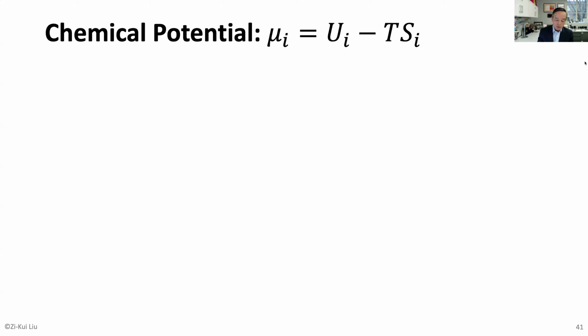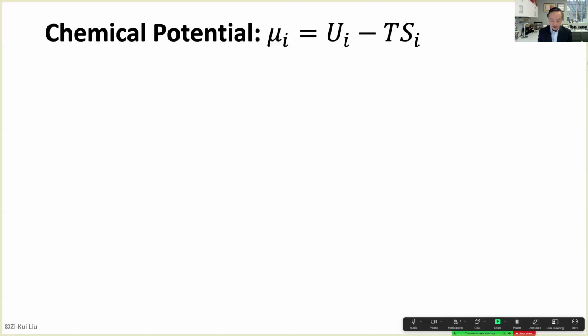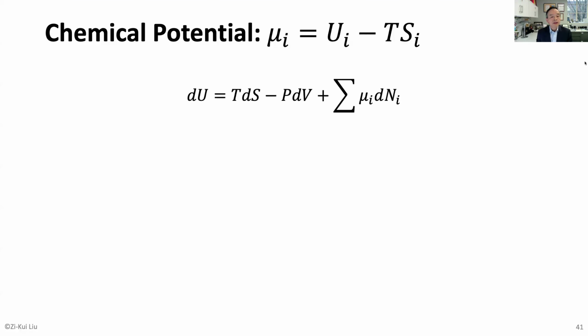So let's look at the chemical potential. Remember that in previous lectures, we derived the chemical potential as a function of partial internal energy minus T times the partial entropy of the component. That's the equation which Gibbs presented in the 1870s.